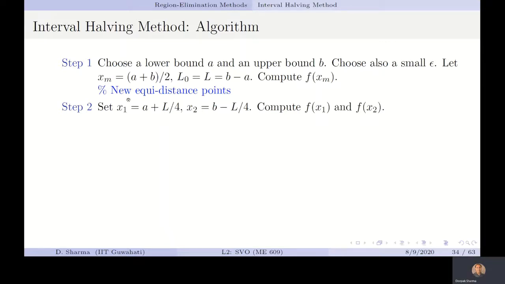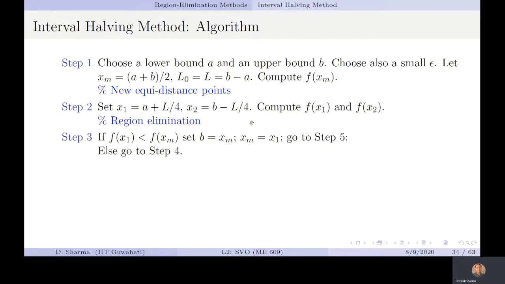Thereafter, we have to find two equidistant points. Let's say x1 is given as a plus L by 4 and x2 is given as b minus L by 4. So based on a and b values, we are adding L by 4 and subtracting L by 4. These x1 and x2 will further divide the region into four equal spaces. Now again, we compute the function value at x1 and x2.